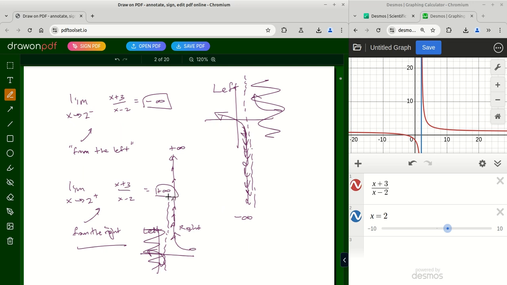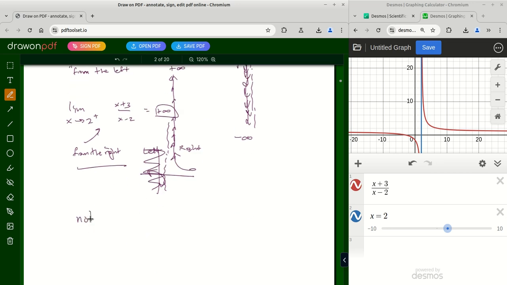I know they both have an infinity, but this one's negative infinity, that one's positive infinity, not the same. So not the same result on the left and the right sides. Therefore, limit does not exist. Limit does not exist. I mean, that's basic.